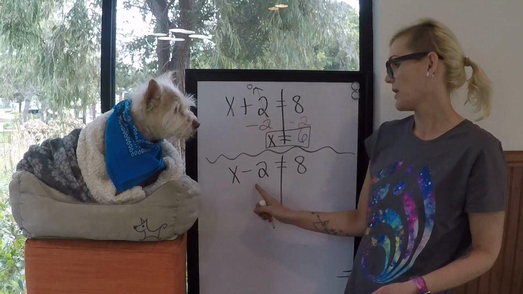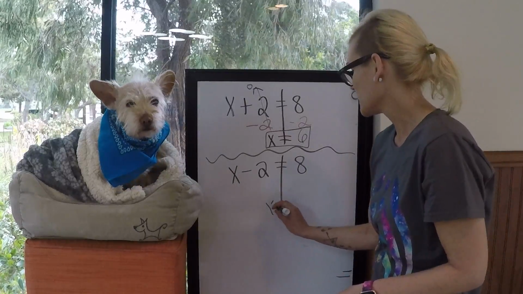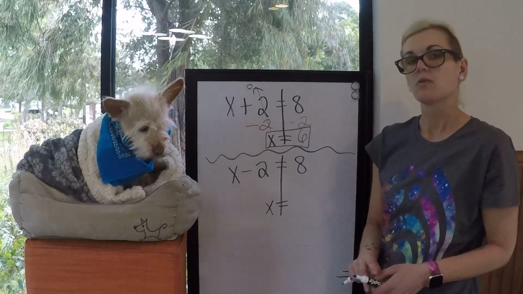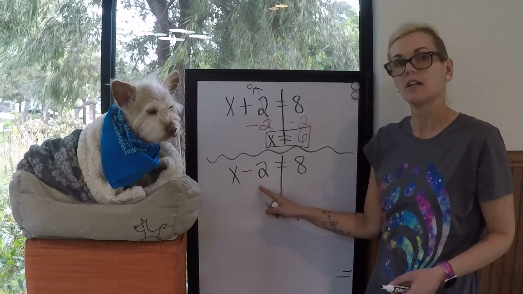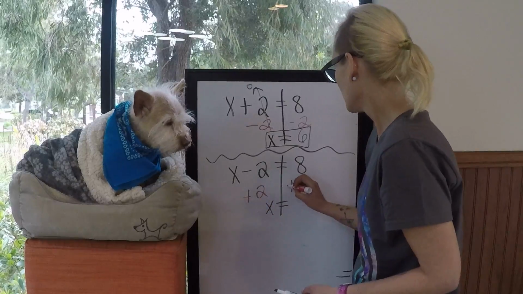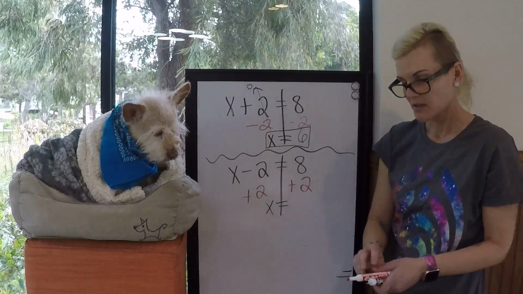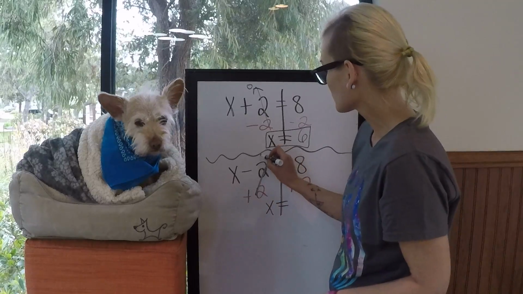All right, the next one. Now I have x minus 2 equals 8. I want my x to be all by itself. What's standing in the way? That 2. What is that 2 doing? It's subtracting. The opposite operation is adding. I'm going to add it to both sides. On the left-hand side, negative 2 plus 2 cancels to make 0.